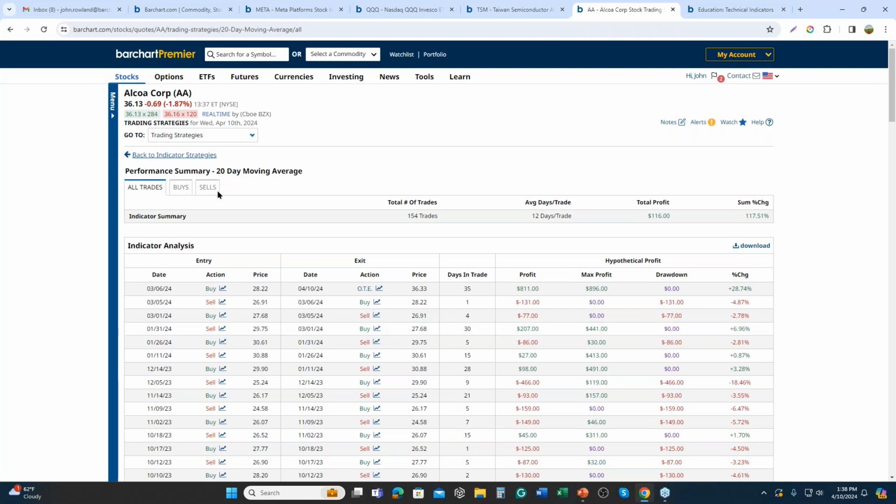But you can also look at just buys or sells, and what you might discover is, and again, remember the stock market always has a bullish bias, but you might discover that in some of your markets, especially if you're looking at a higher time frame, you might see a bias that maybe a buy is not the best for this particular candidate, or maybe the sells are the better.